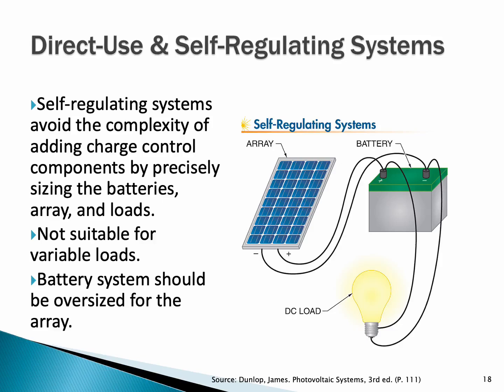There's a couple of different types of systems that we haven't talked about, and I just want to bring them to your attention. One of those is the direct use battery-based system. So I have a load here, and that load is going to determine the battery size, and the battery size is going to determine the array size.